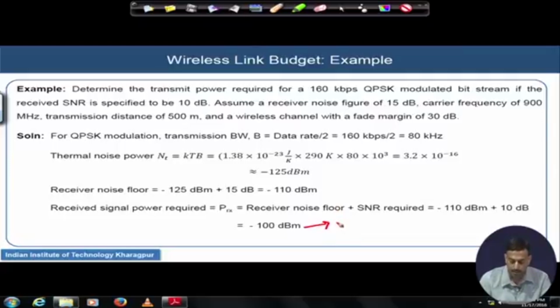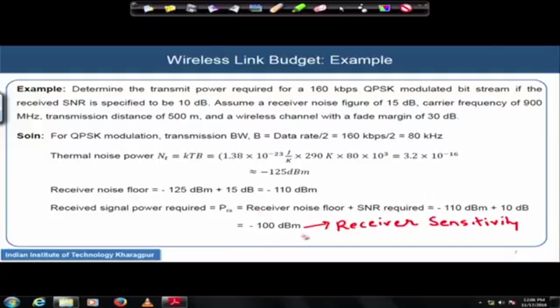This also means the receiver should be sensitive enough in order to receive this kind of power. So this is generally termed as receiver sensitivity. So the receiver sensitivity for this system is minus 100 dBm.